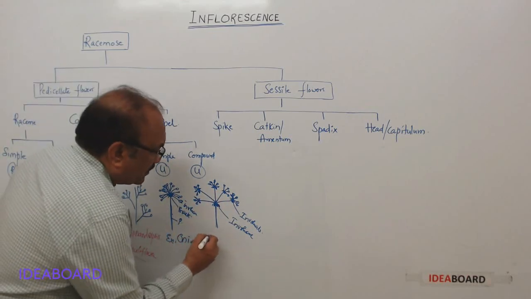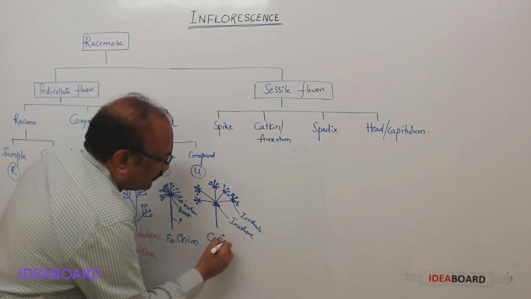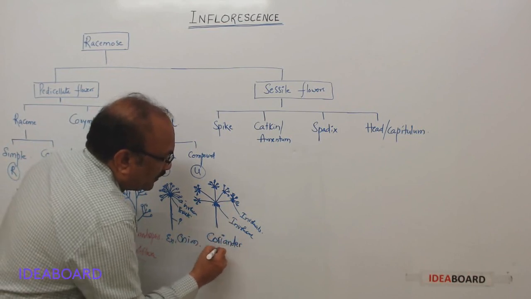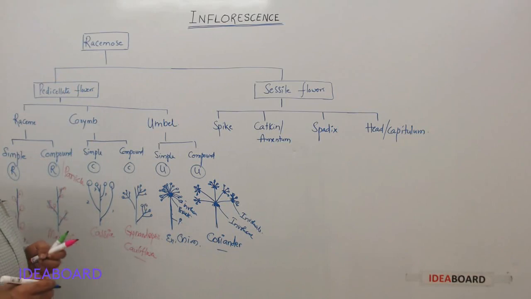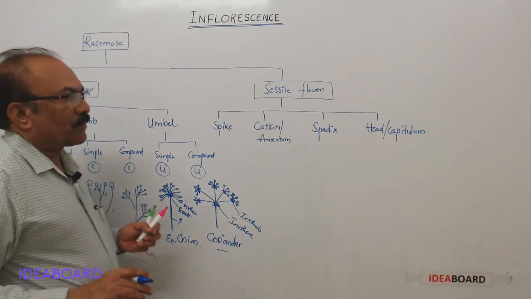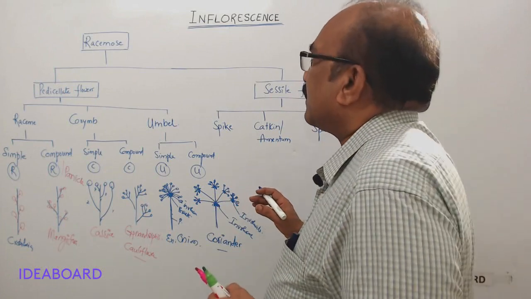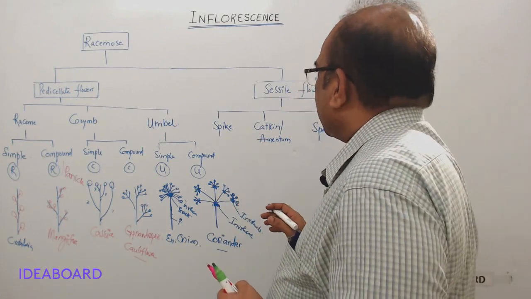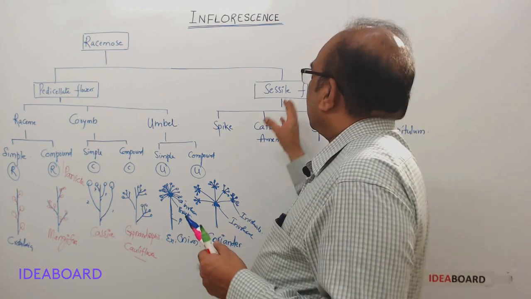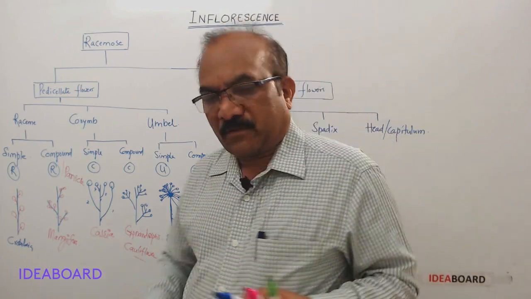So the example for this is coriander. Okay, these are the pedicellate flowered racemose inflorescences, and now let us come to the sessile flowered racemose inflorescences.